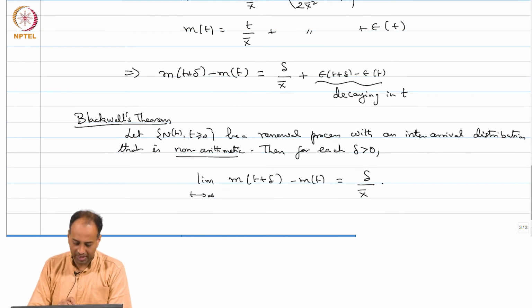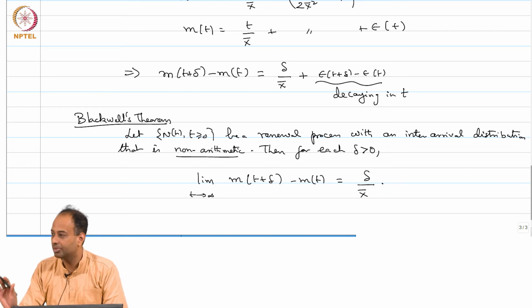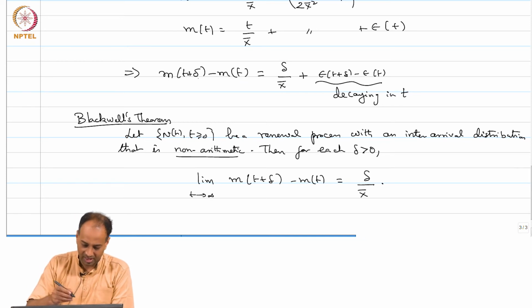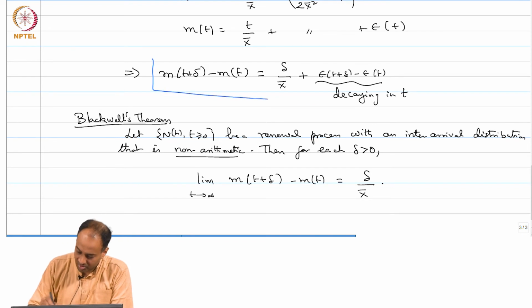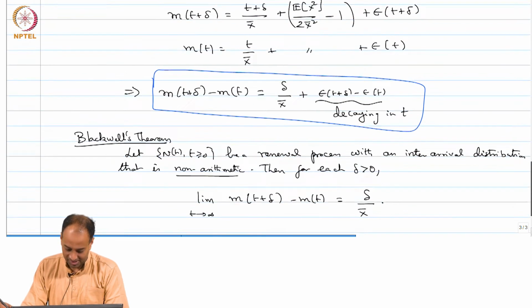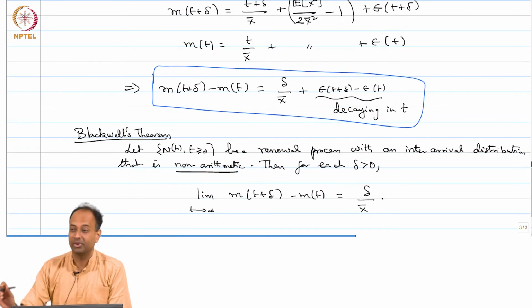So, I am basically looking at m of t plus delta minus m of t, which is the expected number of renewals between t and t plus delta, right. I derived all this. If you look at this equation and send t to infinity, I will get delta over x bar. That is all I am saying, but I am saying this as a theorem for non-arithmetic distributions.